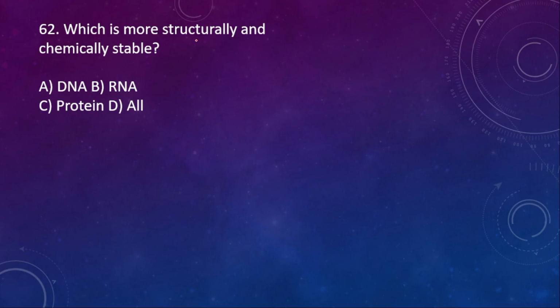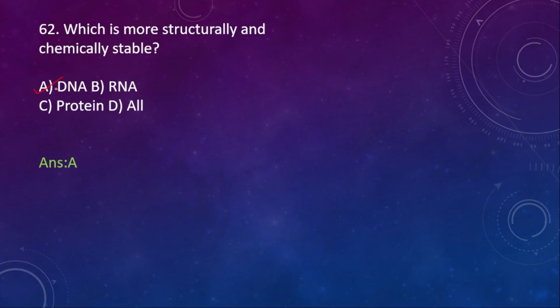62. Which one is more structurally and chemically stable among the following? Option A, DNA, option B, RNA, C, protein, and then D, all. Here the chemically stable one is DNA.